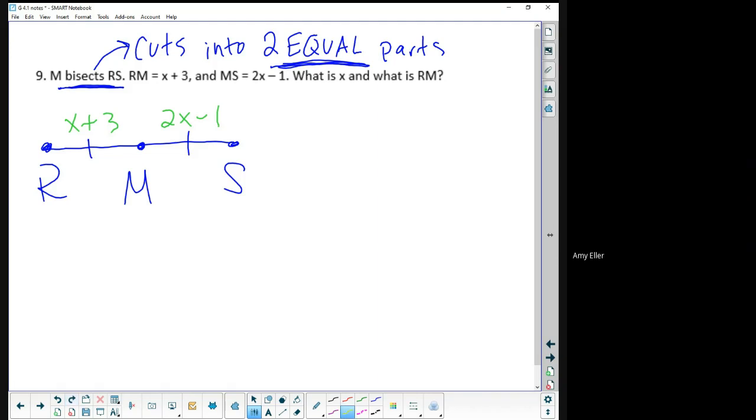That would make sense to say this piece is the same size as this one.